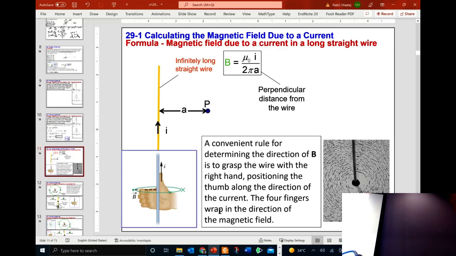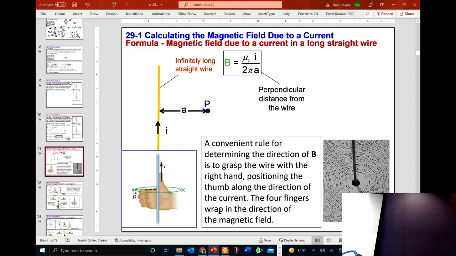You place your thumb in the direction of the current, and you swing your four fingers. The fingers will be swinging in the direction of the magnetic field. So at this point, when you swing your fingers, the magnetic field is going to be outside of the page. But at this point here, it's going to be into the page. So this is how we can determine the direction.